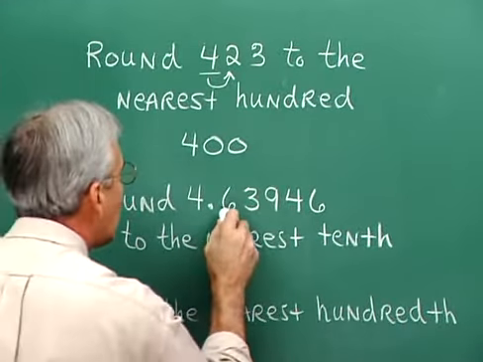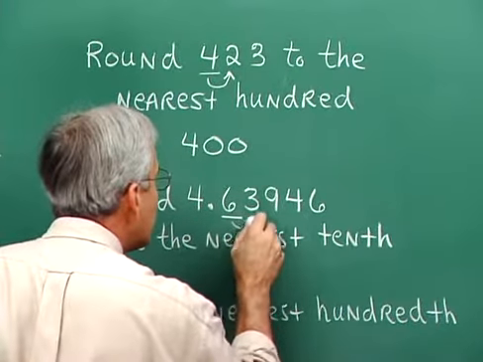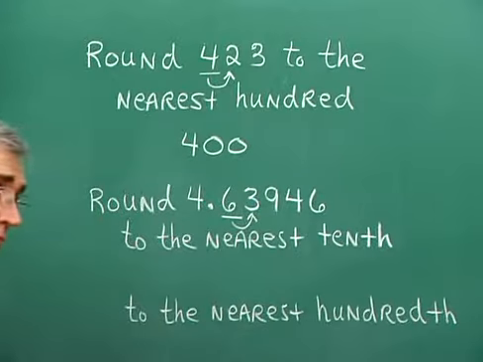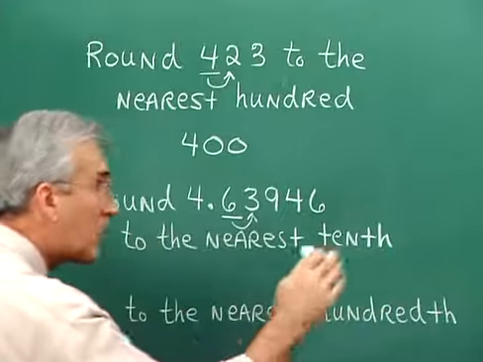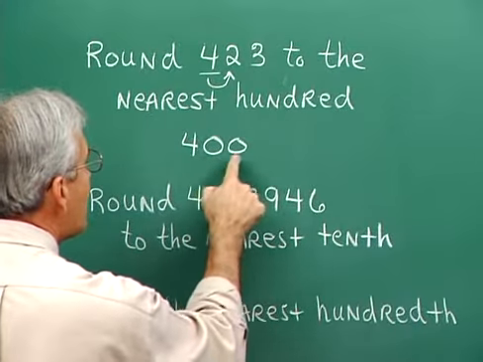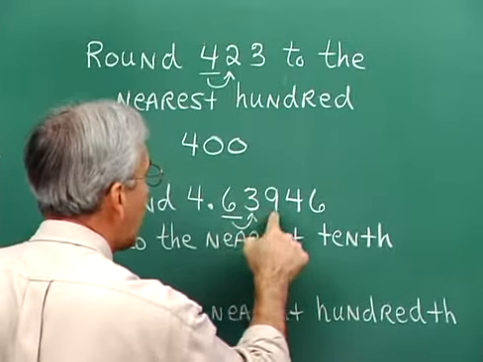So we identify the tenths place, and we look at the digit just to the right. It happens to be less than 5. So we're going to take it out. Now remember, when we rounded up here, we made these digits zeros. And you might think, well, gee, let's just make all of these zeros.